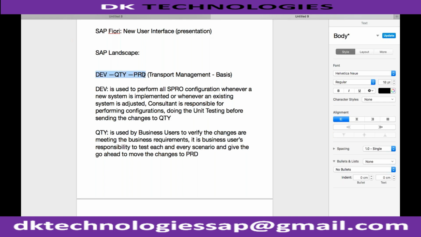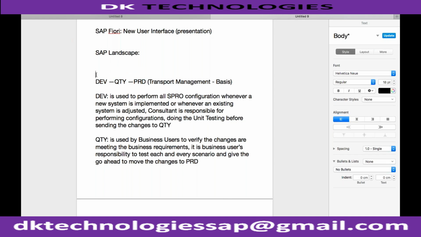Raj has mentioned some point in the chat screen. These are the minimum systems which are required. Three systems are the minimum required: development, quality, and production. Now, in addition to this, if a customer feels that there is a need for another system, normally there is a training client, which is a separate client.